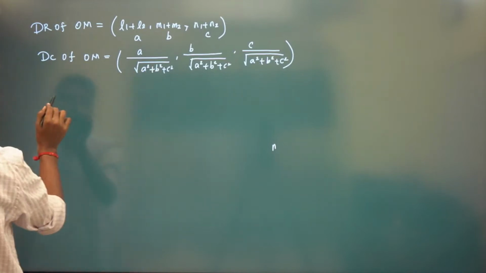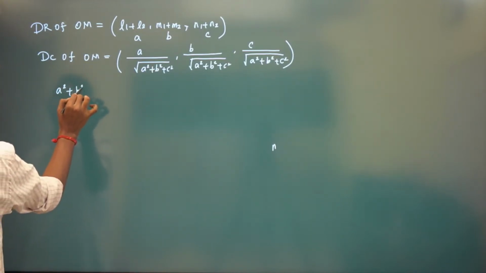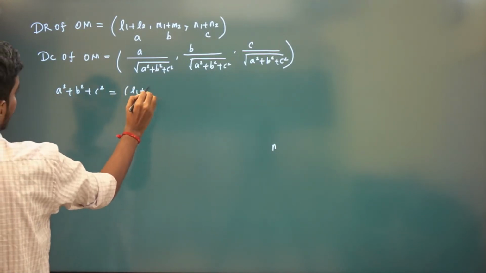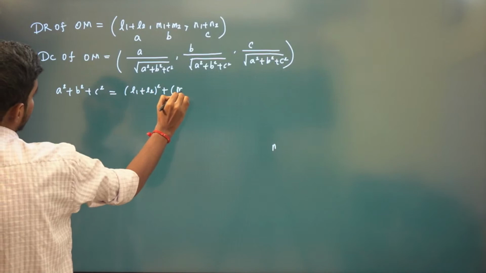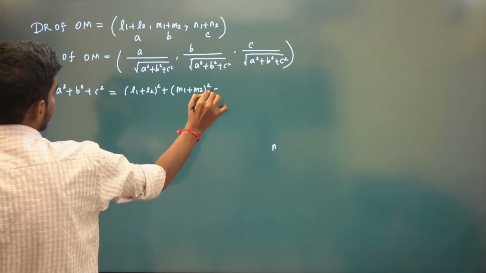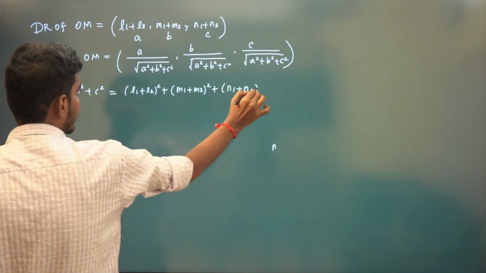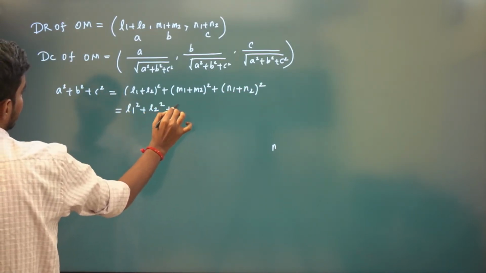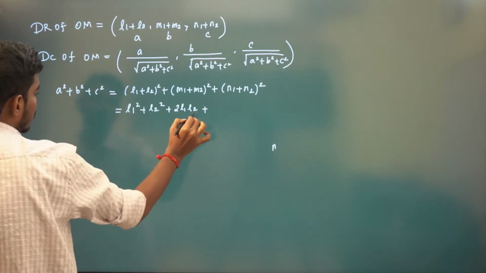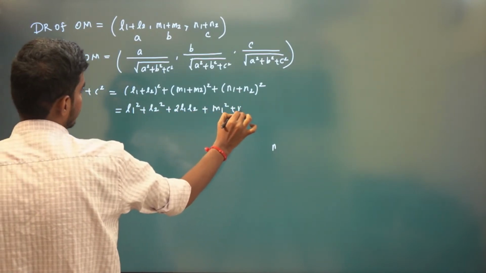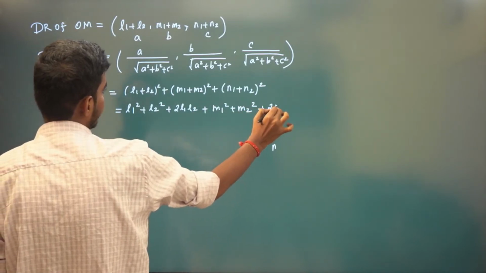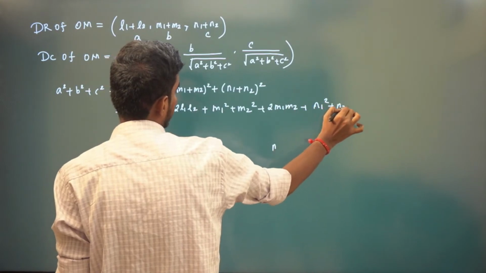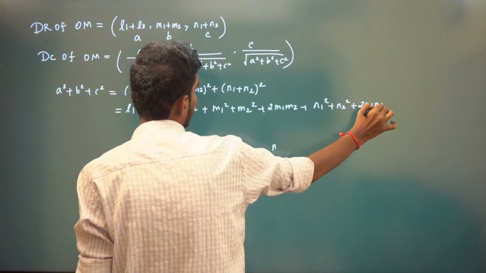Now we will find A square plus B square plus C square. So it is (L1 plus L2) whole square, (M1 plus M2) whole square, (N1 plus N2) whole square. So L1 square plus L2 square plus 2 times L1 L2, M1 square plus M2 square plus 2 times M1 M2, plus N1 square plus N2 square plus 2 times N1 N2.